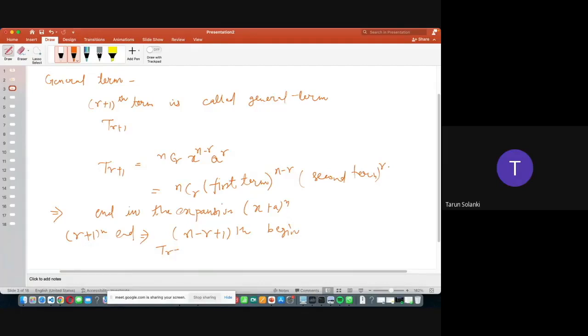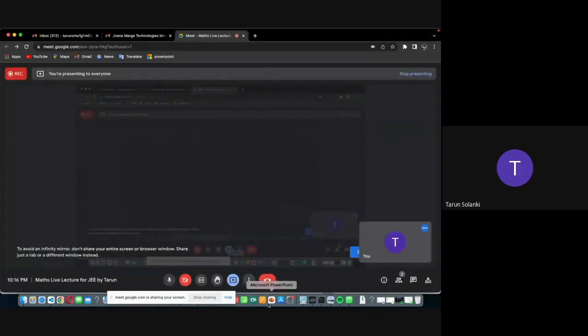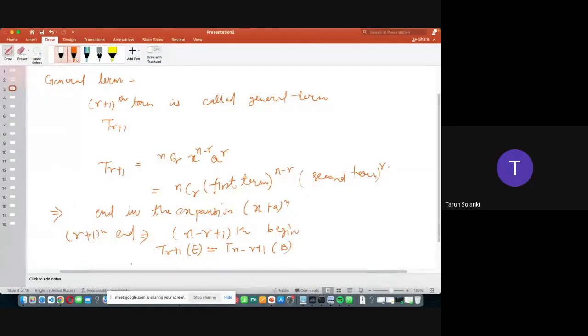So that is T(r plus 1) from the end is T(n minus r plus 1) from the beginning, right? So here T(r) will become T(n minus r plus 2) from the beginning. Okay, so note down these all formulas.